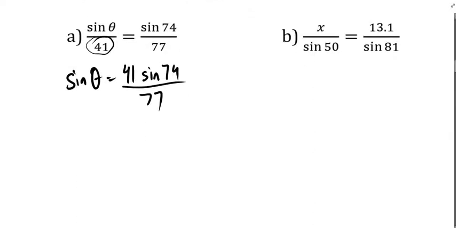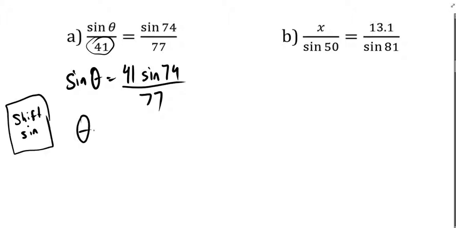And when you punch this into your calculator, you're going to go shift sine. You don't have to write this down if you don't want to, but you're going to get theta equals shift sine, which gives you that sine inverse thing. Bracket, and you're going to put this whole thing in the brackets.